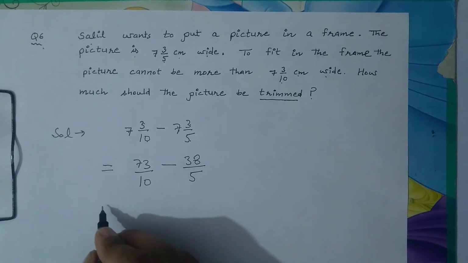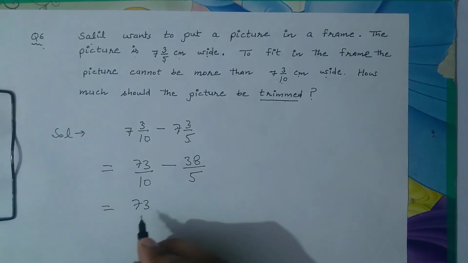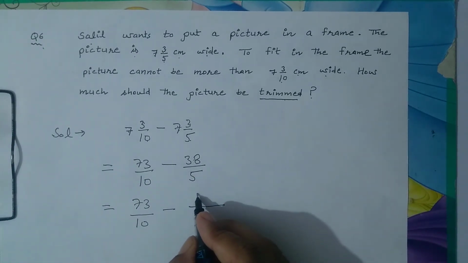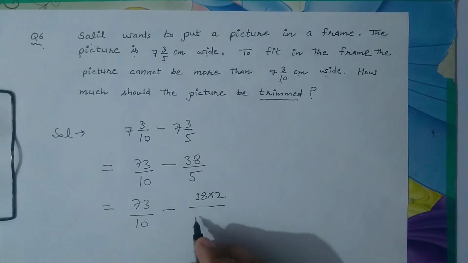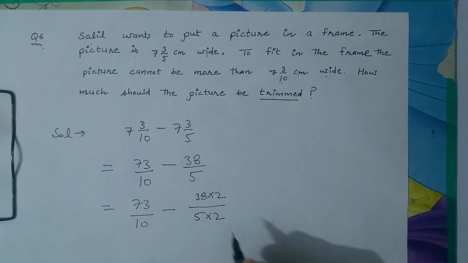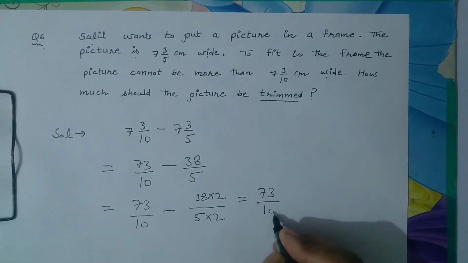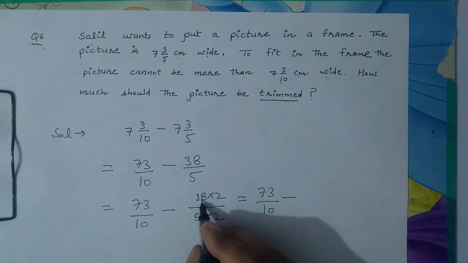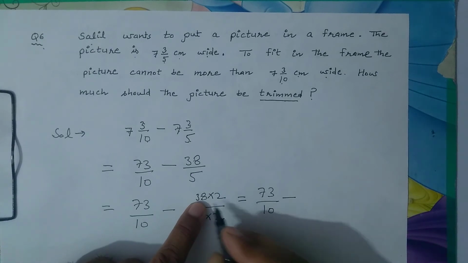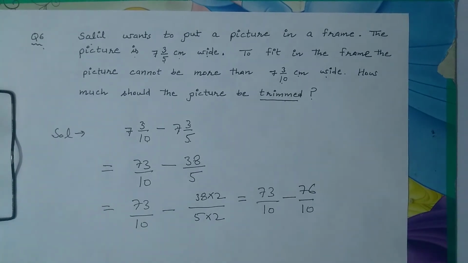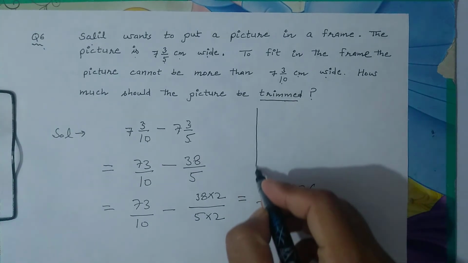So what to do now? 73 divided by 10 minus, multiply this 38 into 2, 5 into 2. So we have 73 upon 10 minus 30. This answer is 76 upon 10.